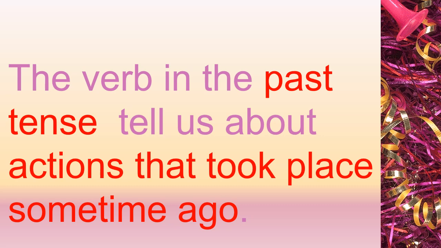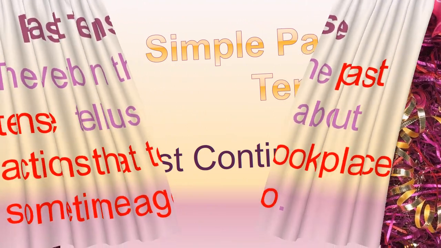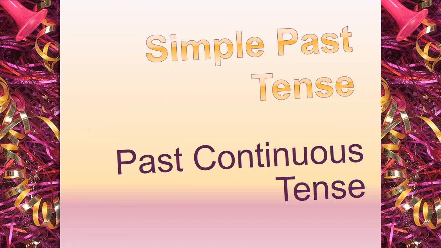Then we learned about past tense. The verbs in the past tense tell us about actions that took place some time ago. There are two types of past tenses: simple past tense and past continuous tense.